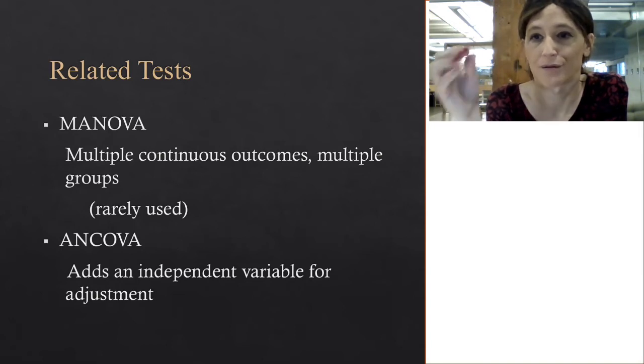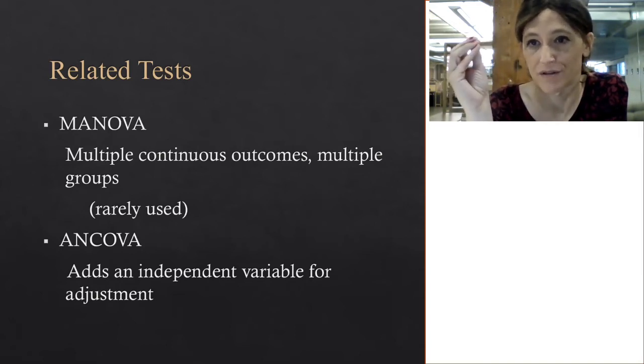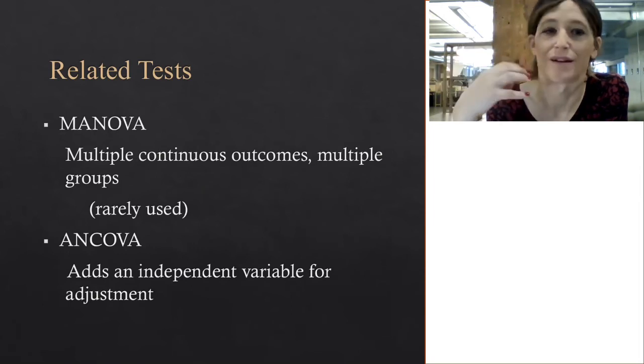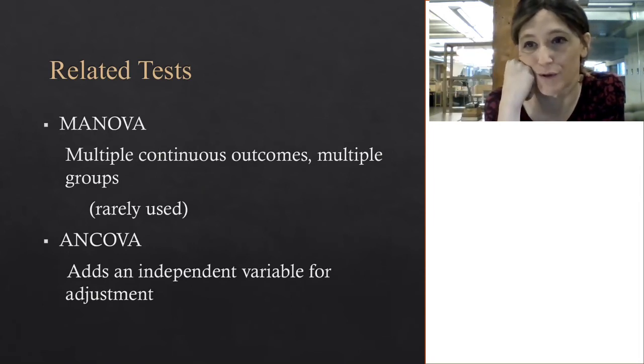Well, because those observations on the subjects are also dependent on each other, we would use MANOVA. So if we wanted to look at multiple continuous measures at the same time, and then we had multiple groups.